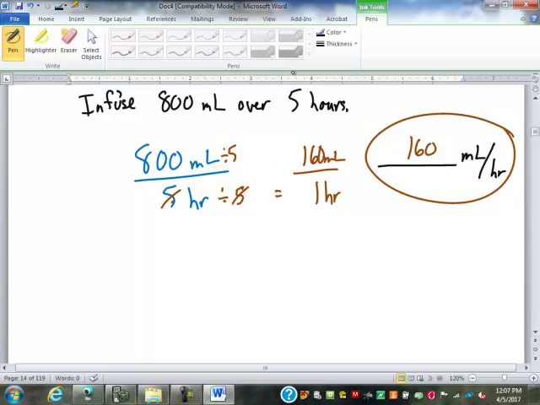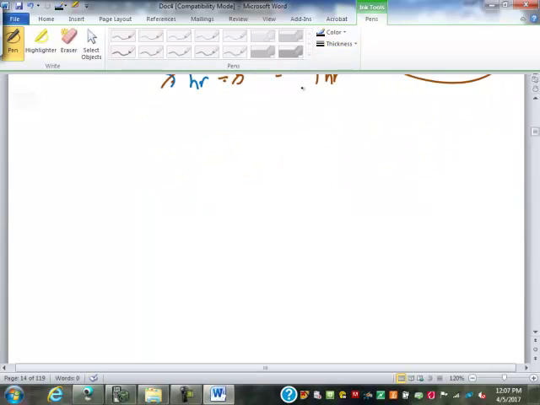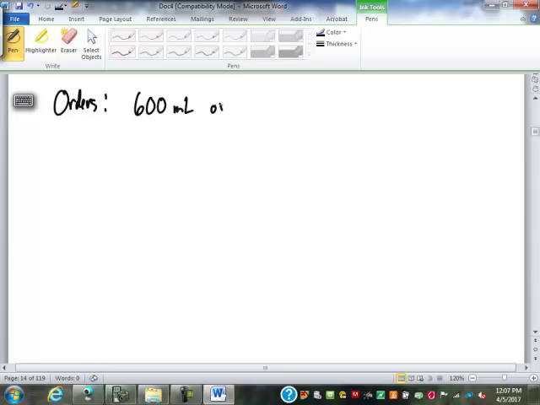Well, those flow rates can get a little more complicated. We can start converting to milliliters per minute instead of milliliters per hour. So let's say that we have orders to infuse 600 milliliters over 4 hours.